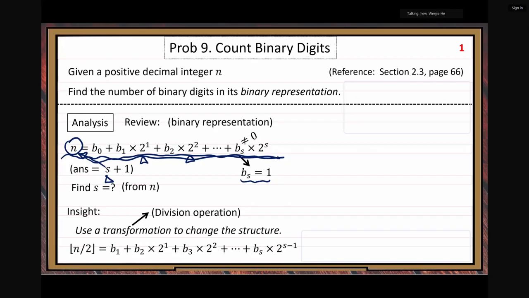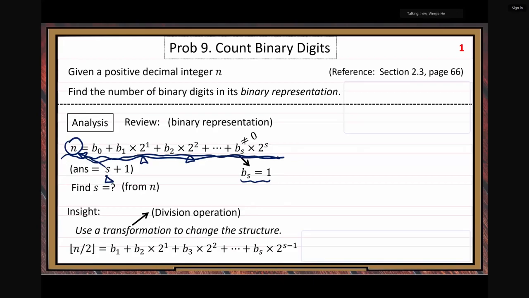On the right-hand side, the b0 term is gone, because b0 over 2 is less than 1, so we drop it. Then for the remaining terms, the exponent of the power of 2 is reduced by 1, since division by 2 cancels one factor.